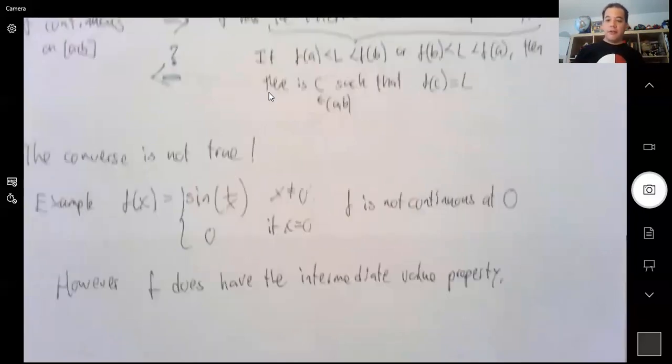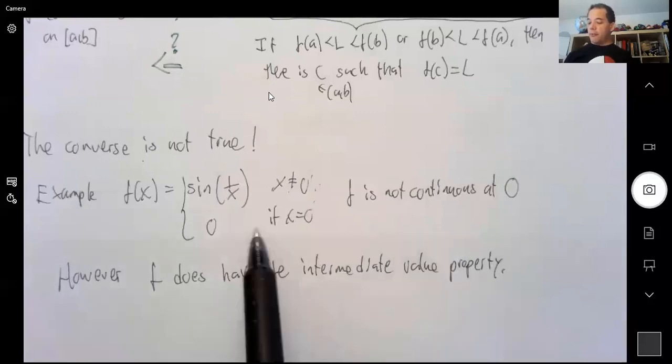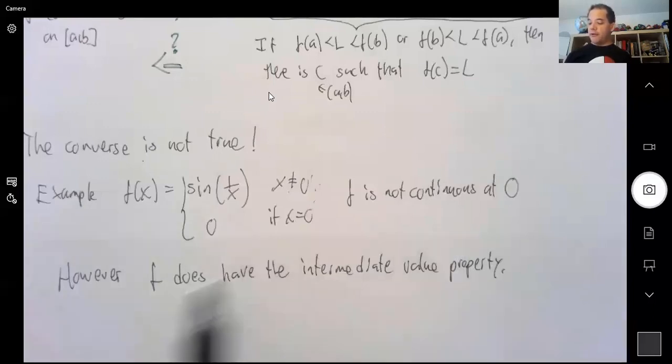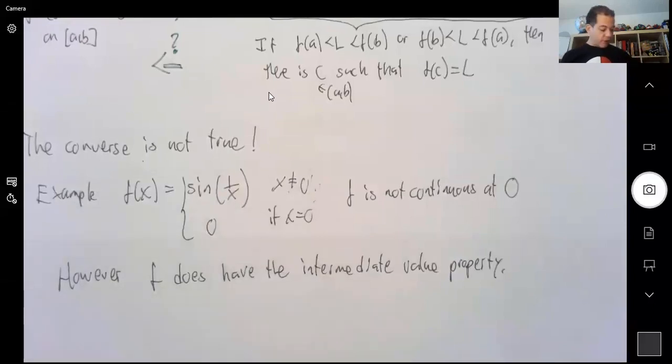So this is an example of a function that is not continuous, but does have the intermediate value property, right? You can also use this same function with domain, say, from -1 to 1. As long as you have the point 0, it's going to work as one of these examples.